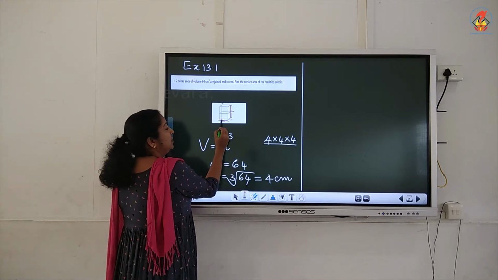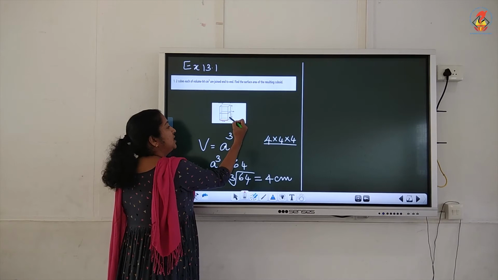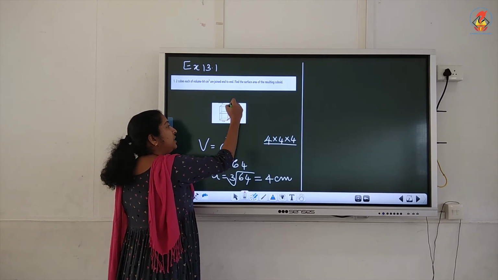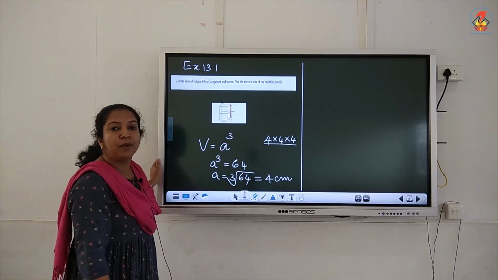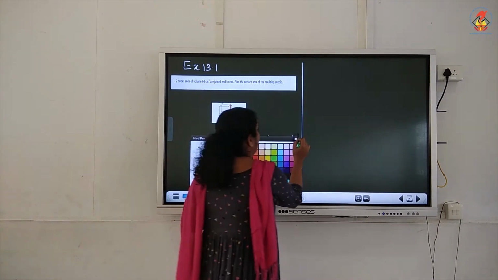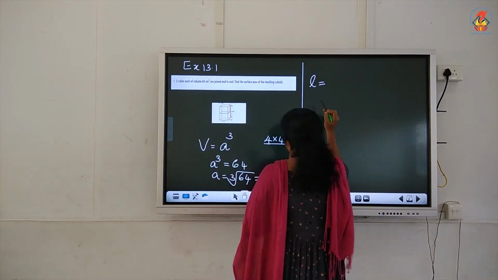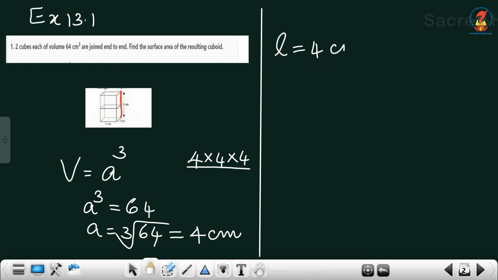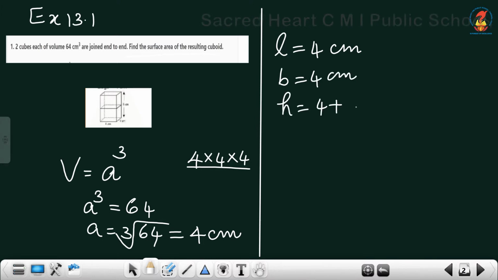If you are taking this as length 4, this as breadth 4, this as height, what is that? 4 plus 4, 8. So, we can take l as 4 centimeter, breadth as 4 centimeter and height as 4 plus 4 is equal to 8 centimeter.